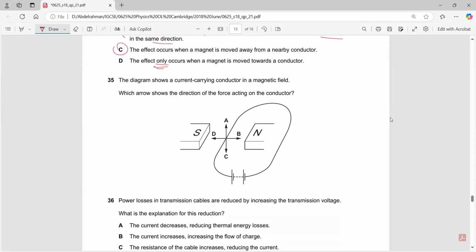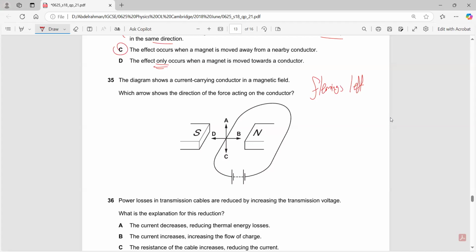Question 35. Which arrow shows the direction of the force on the wire? Definitely you will need to use Fleming's left-hand rule. The first finger, or the index, points from the north to the south, to the left.